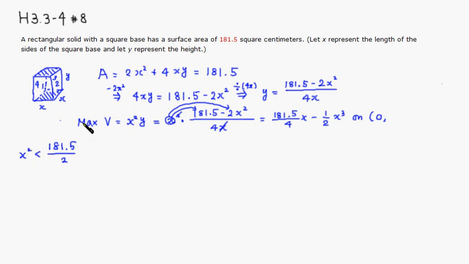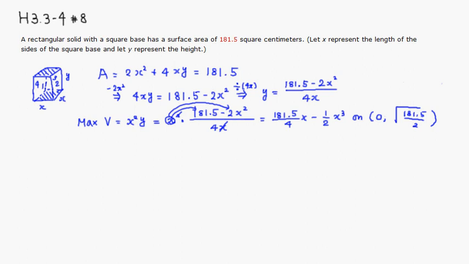So take the square root. We can see that it's the square root of 181.5 over 2. Right, and I don't need that, so I'm just going to erase that.